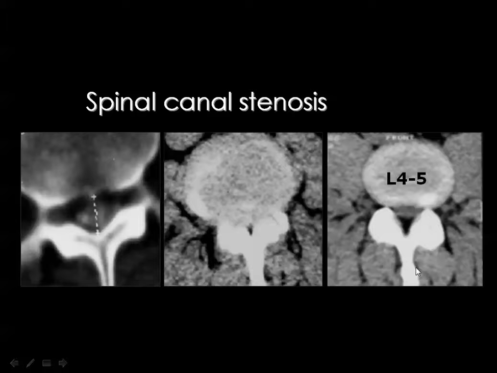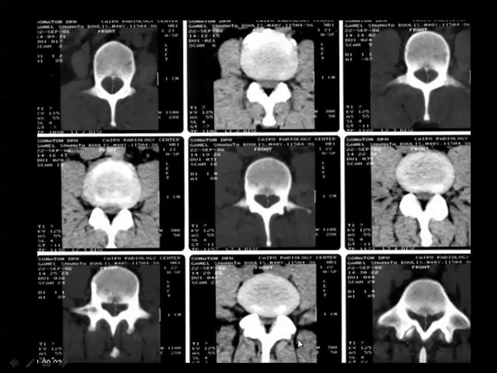This is the normal appearance of the spinal canal. You can see the ligamentum flavum, and you can see that the thecal sac is good. There is adequate epidural fat surrounding the thecal sac. Then idiopathic type of the spinal canal stenosis, meaning that the sagittal diameter of the spinal canal is less than 13 millimeters.